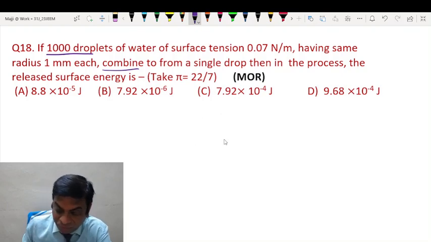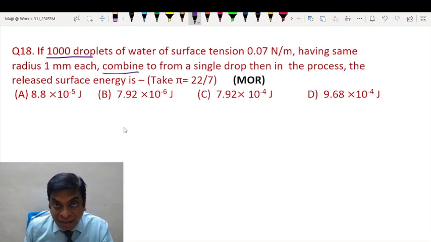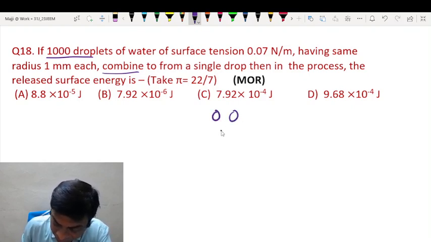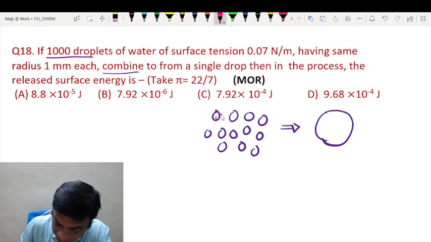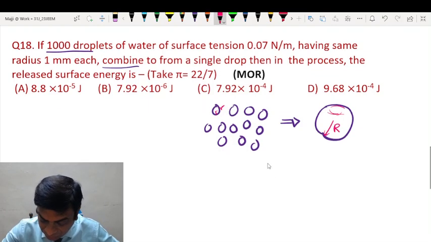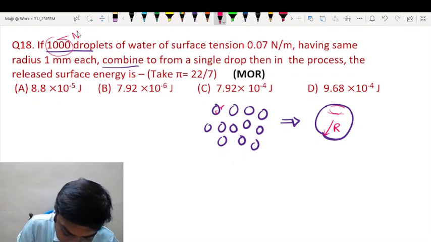So we have to find the decrease in area. In order to know the decrease in area, we should know the relationship between the radii of the water drops, initial and final. So let us calculate that. Here 1000 identical droplets combined to form a single drop. Let us say radius of each droplet is small r and radius of the bigger drop is capital R. For now, let me take this as n number of droplets.